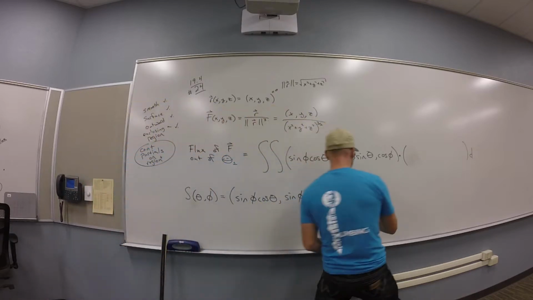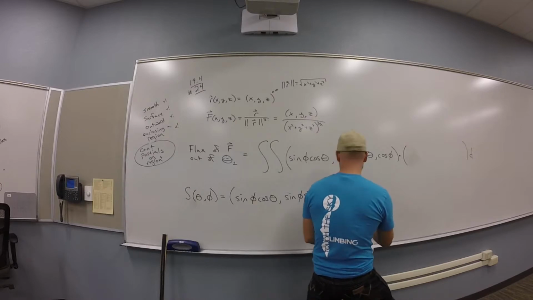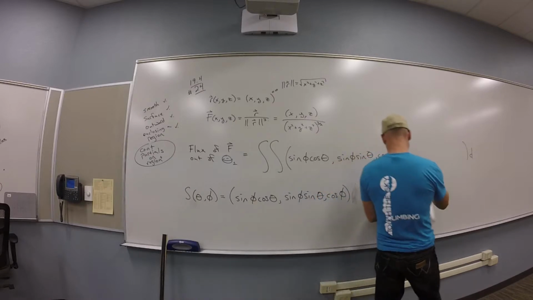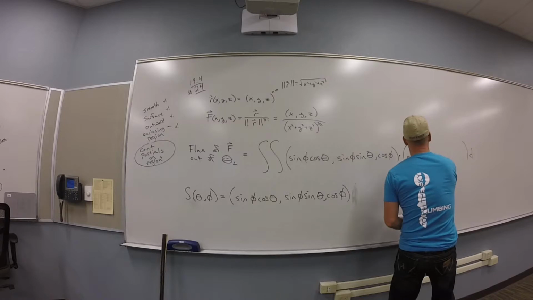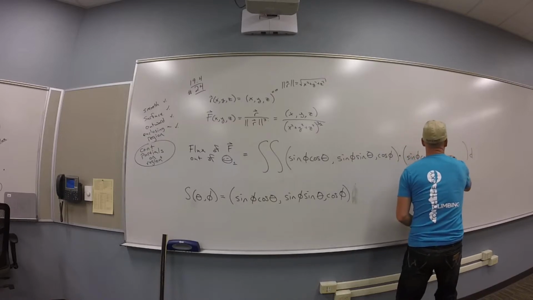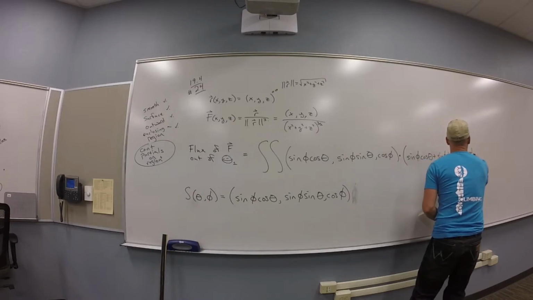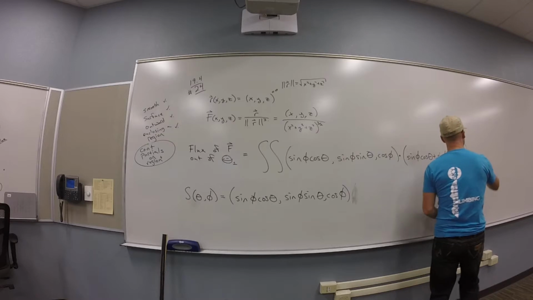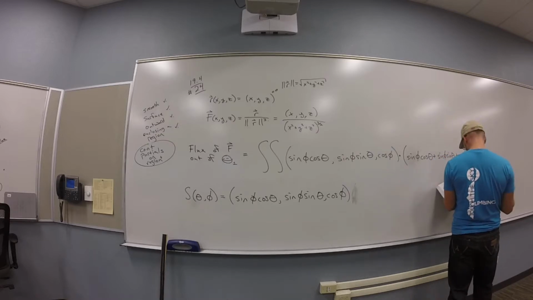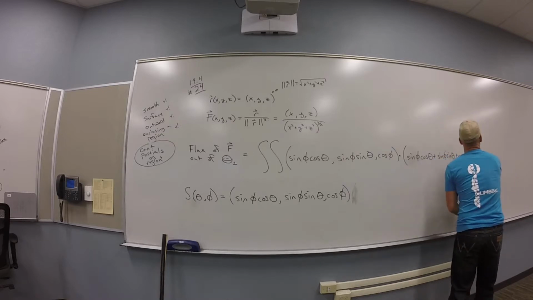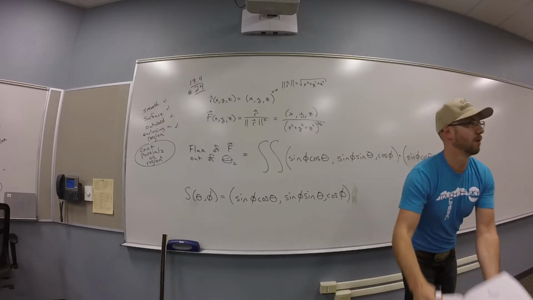Okay, so you put in the thing. So you sum the components, so you get sine phi cos theta plus sine phi sine theta plus cosine phi, and then you need an r squared, which is, what's the radius of your sphere here? 1.